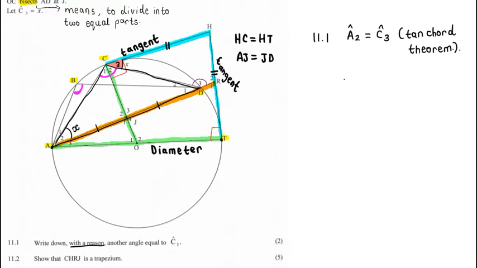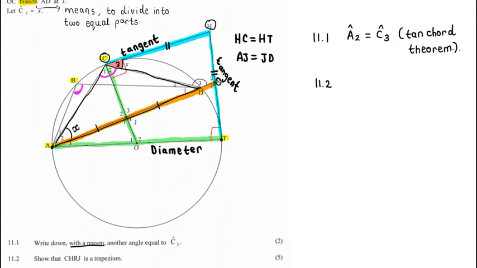Right, next question. Question 11.2 then says, show that CHRJ is a trapezium. CHRJ is this figure over here.